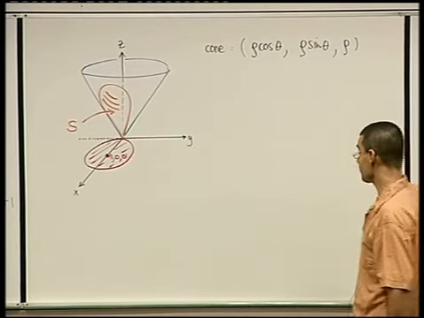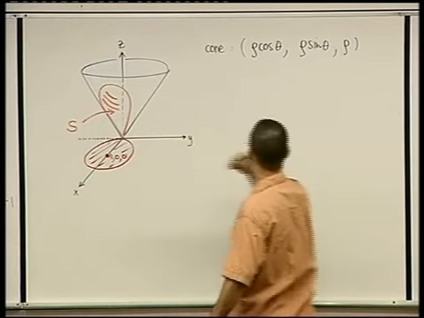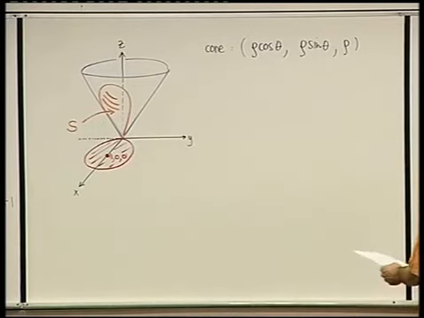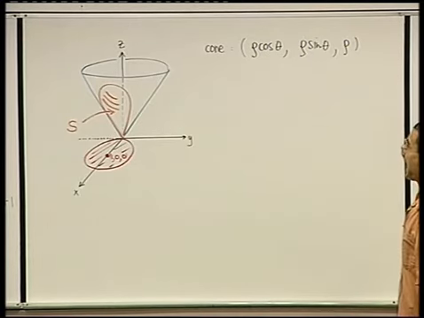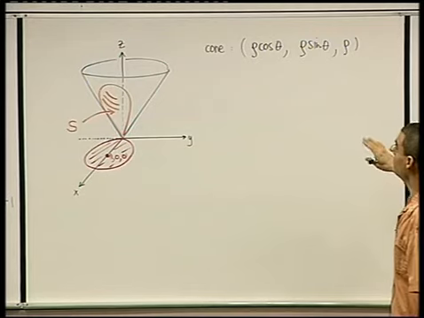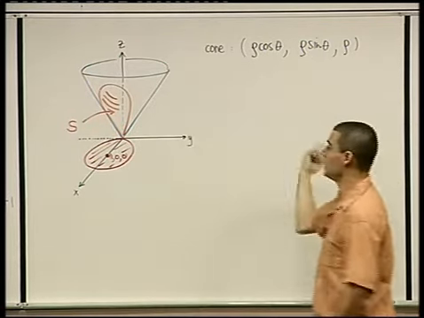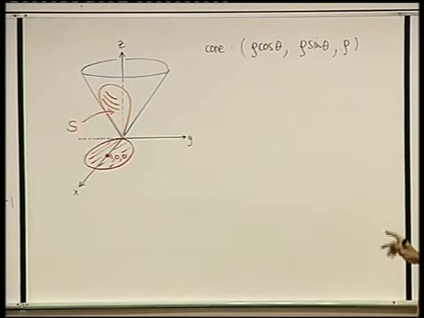Okay. And so these are all the points sitting on the cone, where rho depends on how far up we go, and theta goes the entire circle from 0 to 2 pi.